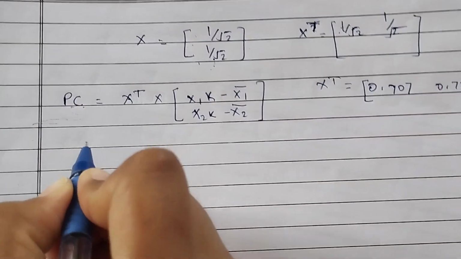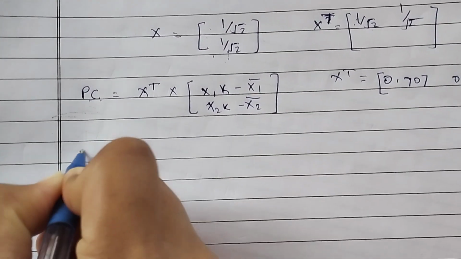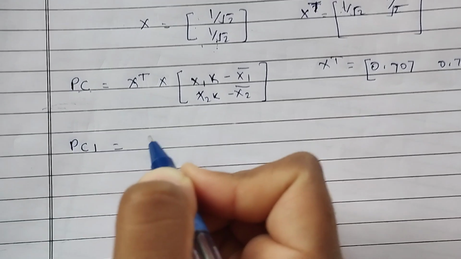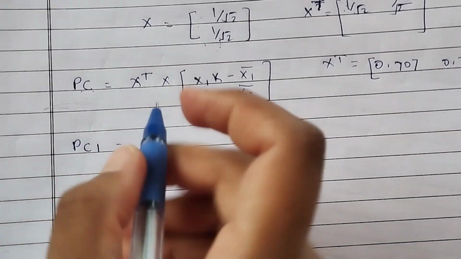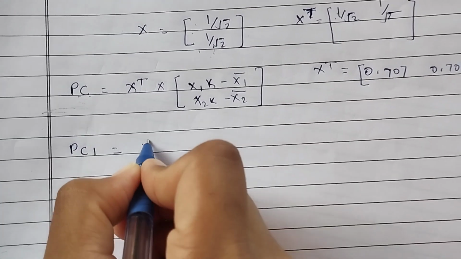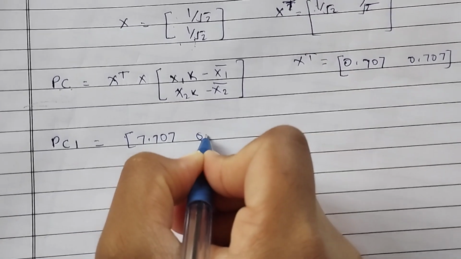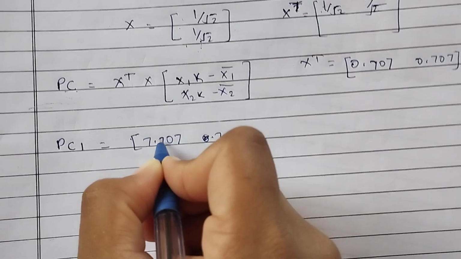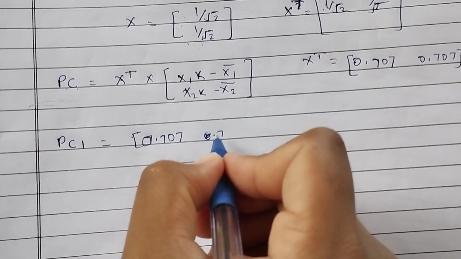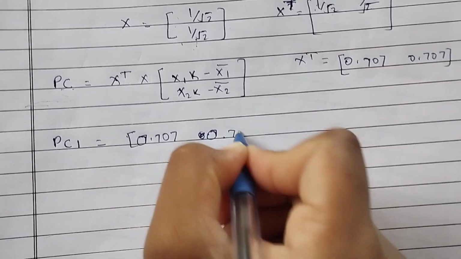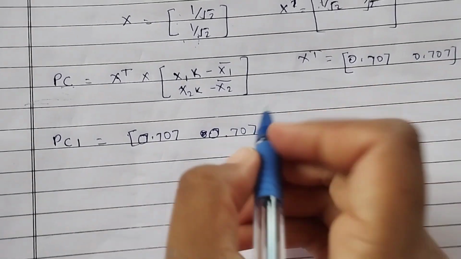Now just put the values in one by one. So first we find PC1 for the first instance. This x transpose is nothing but 0.707, 0.707.